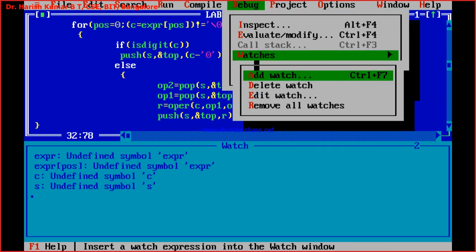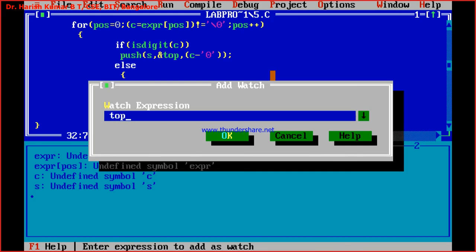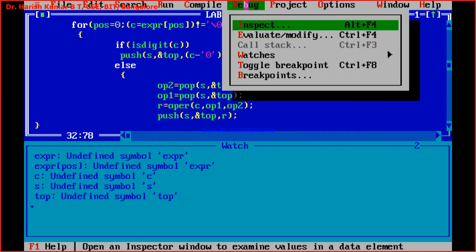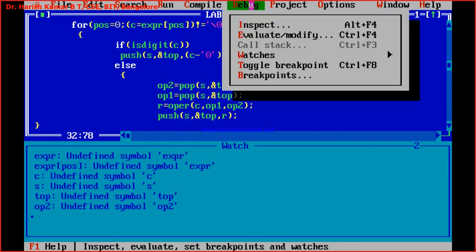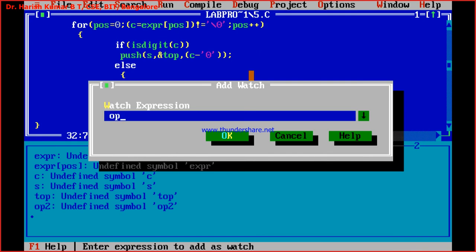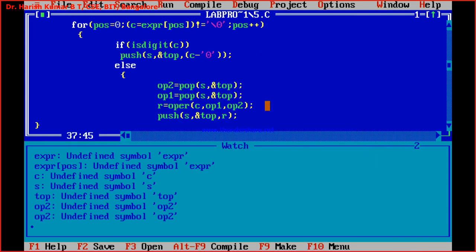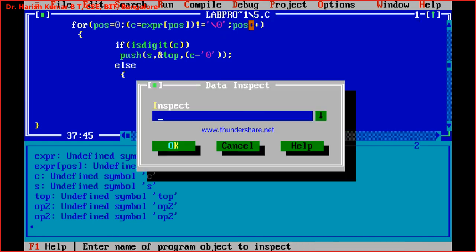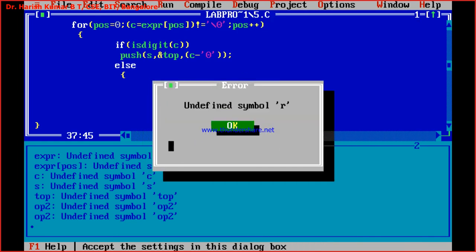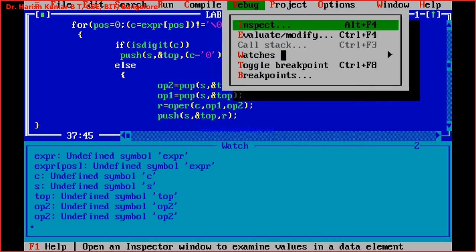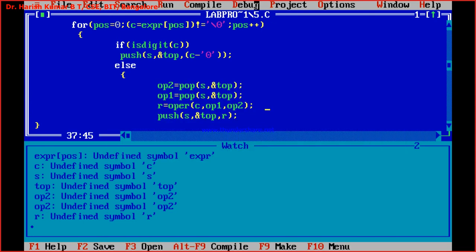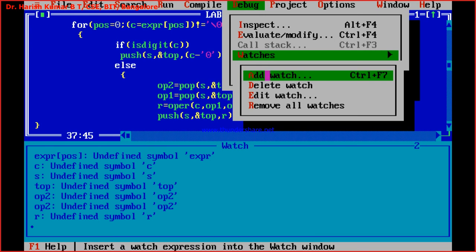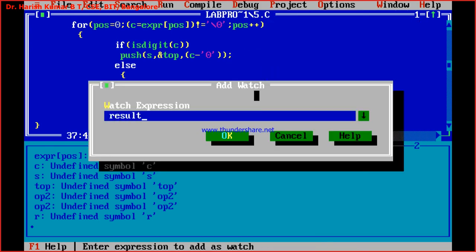Top also we will add. Let me add op2 first. And then R, because R represents the result. This R is a local variable, and the final result is this one.